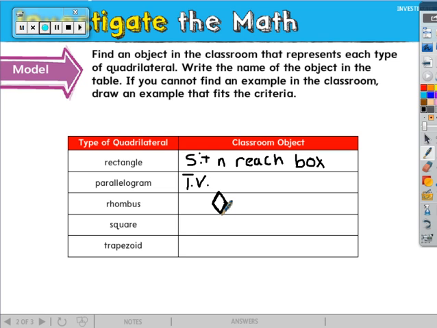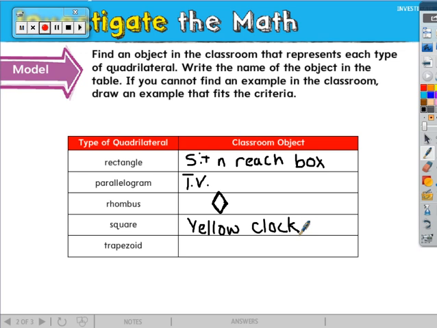A square. What in the classroom is a square? Alina? The clock in the back of the room, our yellow clock. And our last one, a trapezoid. Cooper. I do have one drawn on the board, but let's find something in the room that's the shape of a trapezoid.